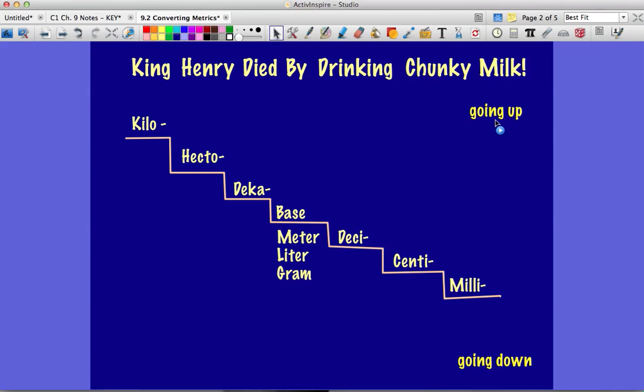Okay, so if we're going up the stairs, so what I mean by this is if I have something that I measured in centimeters and I want to know how many kilometers it is, I'm going up the stairs. When I go up the stairs, my units get bigger, but as my units get bigger, the number of my units is going to get smaller.